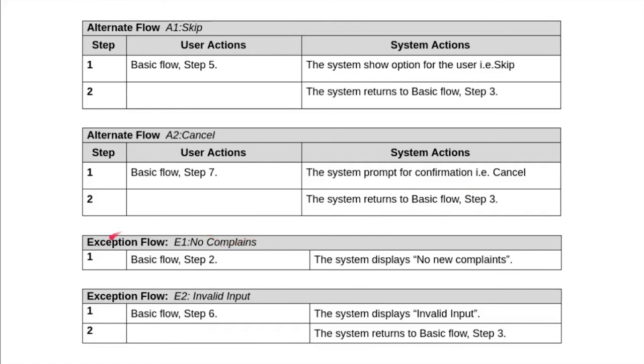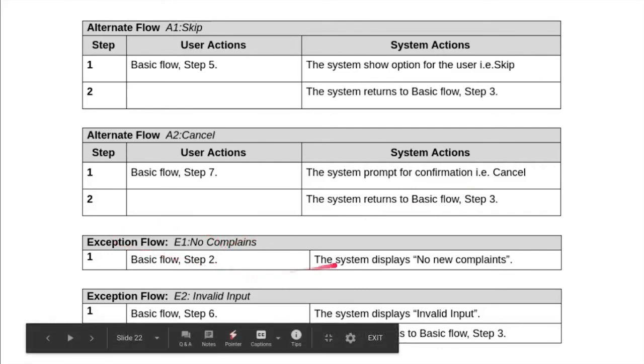Exception flow 1, no complaint, and the system displays on the page no new complaints. Exception 2, invalid input: the system displays invalid input when the user enters it in the comment section.